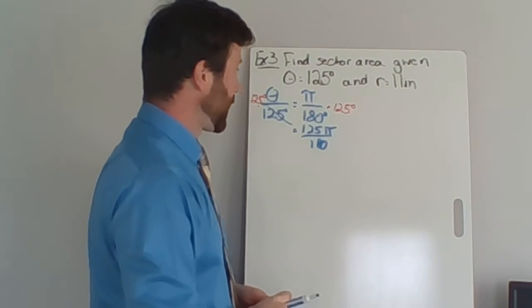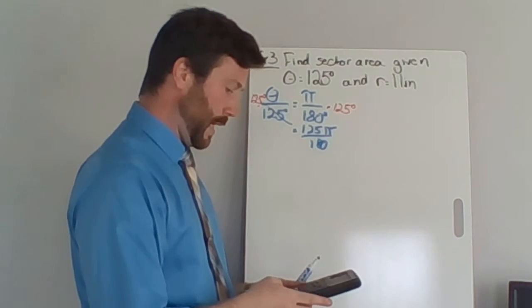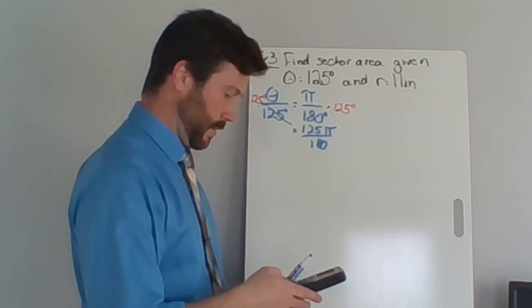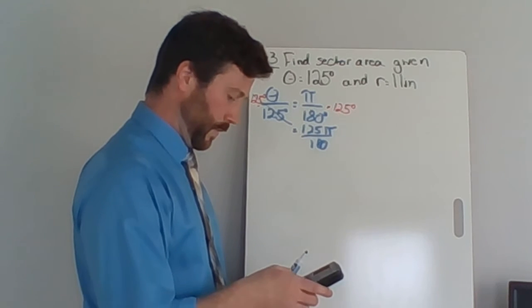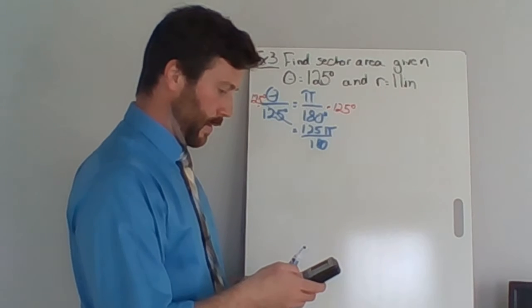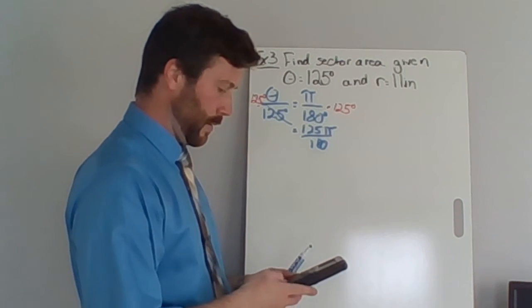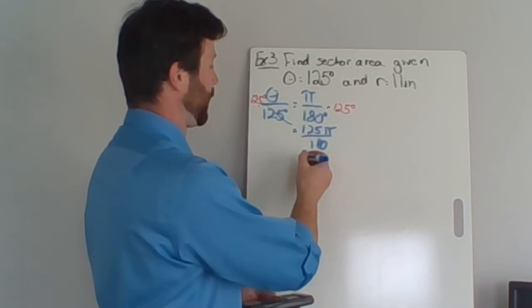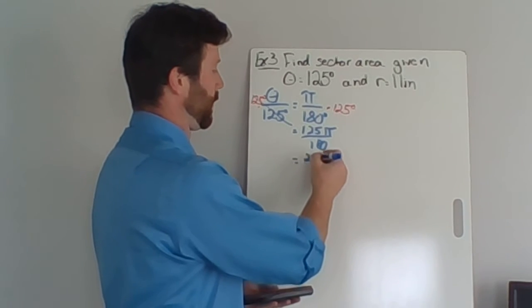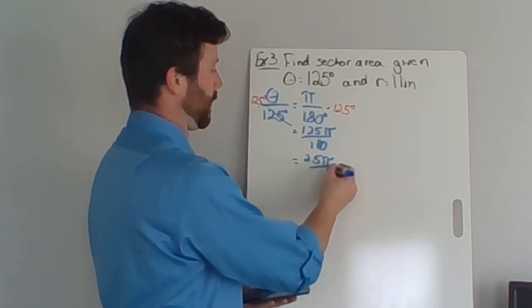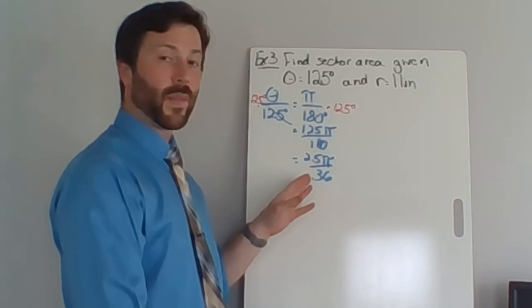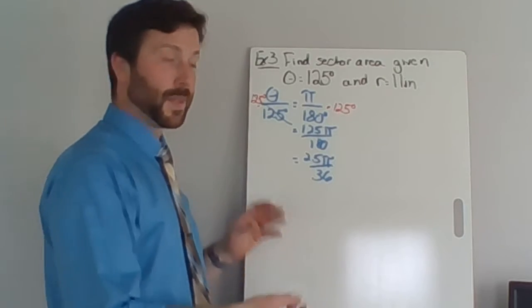So let's see, that's going to be divisible by... reduce all the way down to 25 pi over 36. Okay, now this is the theta that I want to use. This is the one that I want to use in that formula.